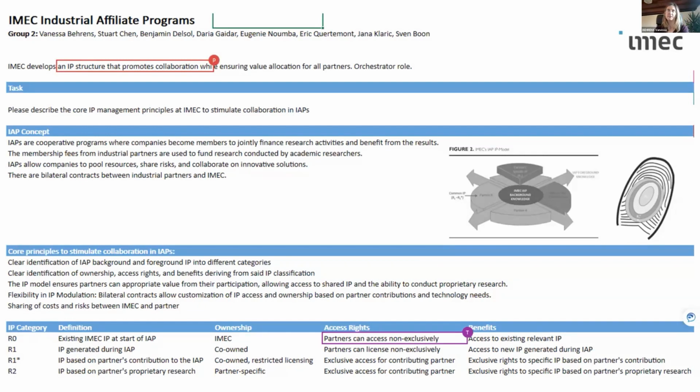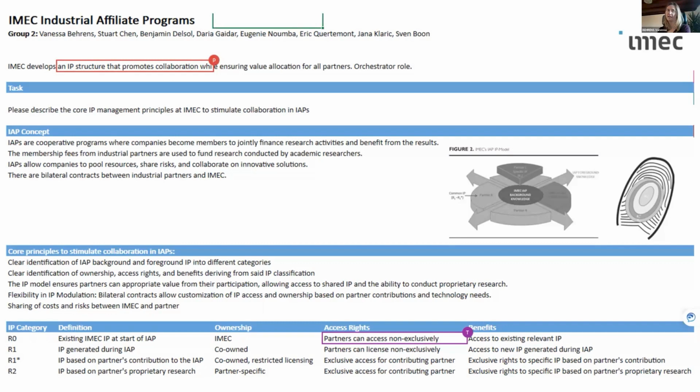Certain principles which IMEC follows in order to stimulate collaboration is that they start with trying to get a clear identification of the IAP background and which different IP categories they want to use.